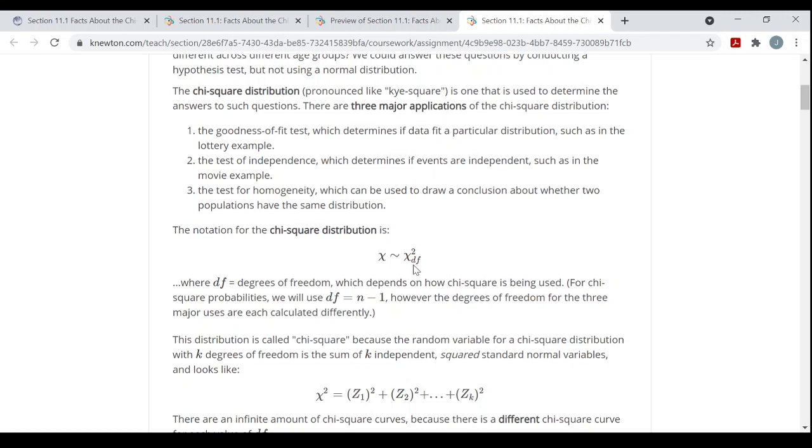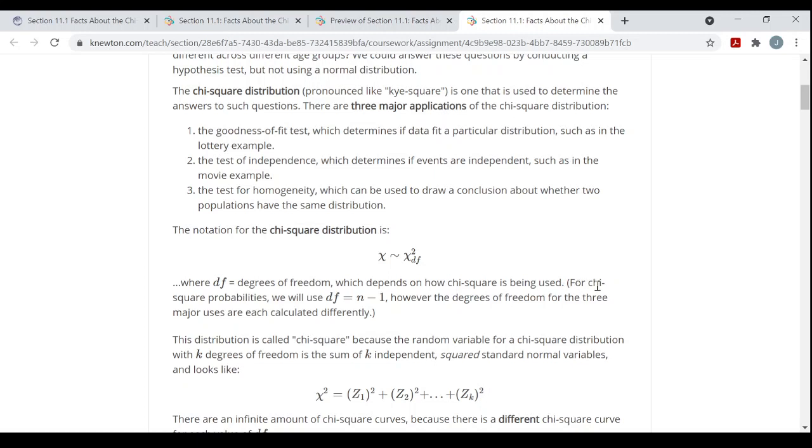Kind of like the student's t distributions had so many degrees of freedom. Each of these chi-square distributions will also have a certain number of degrees of freedom that you're going to need to know, where df equals degrees of freedom, which depends on how chi-square is being used.